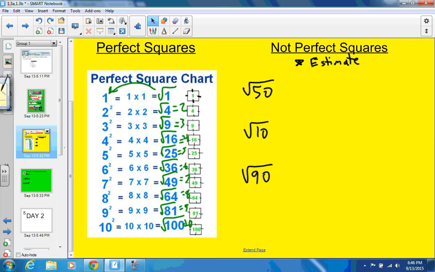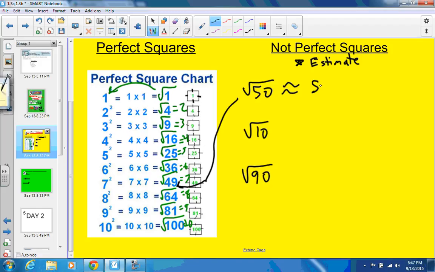If we're taking the square root of 50, this would go right above here. So right above there, it's just going to be greater than 7, but it's not going to be as high as 8. So just barely over 7. Let's estimate, and this means it's approximately equal to.